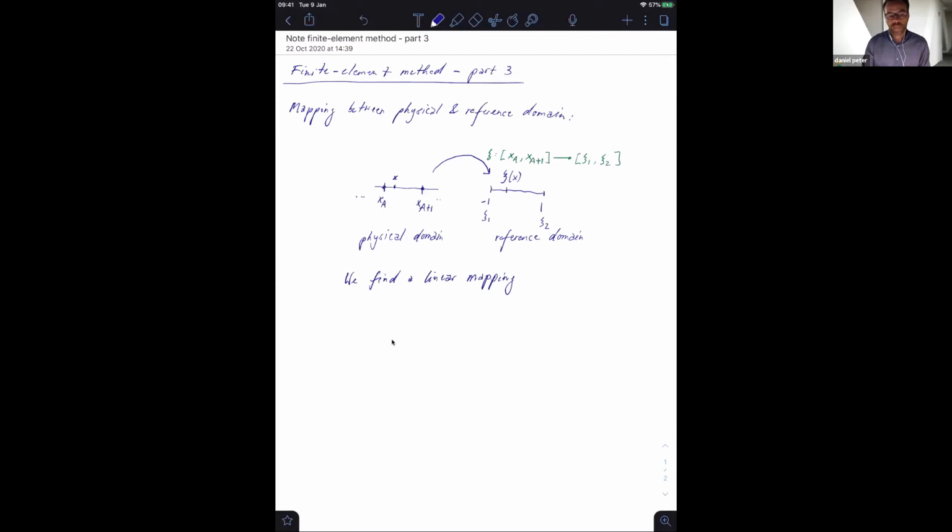So if we only have one element, in principle, we have 2 degrees of freedom. We have 2 nodes, yes, 2 endpoints. That will make 2 degrees of freedom. On each node, basically, we are free to move our solution.